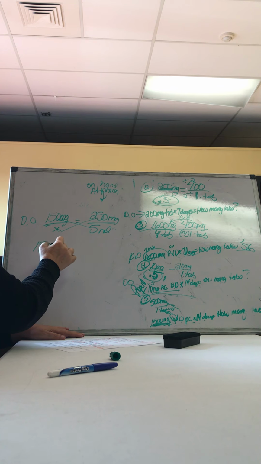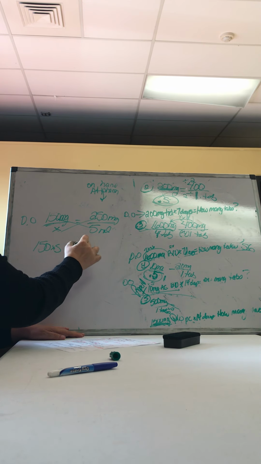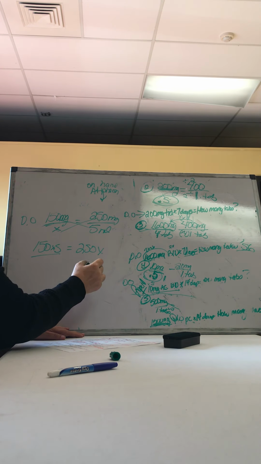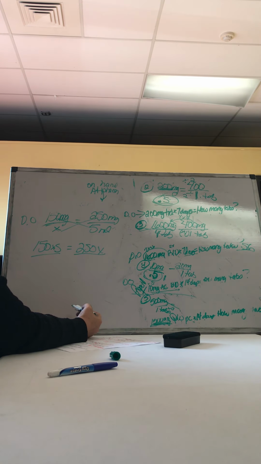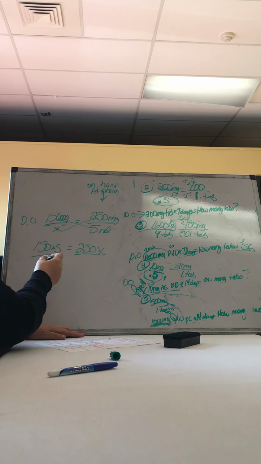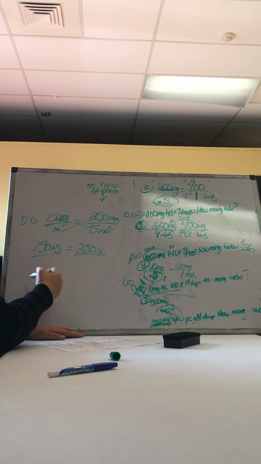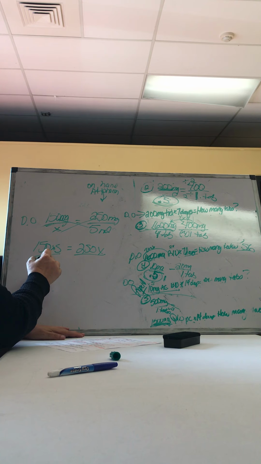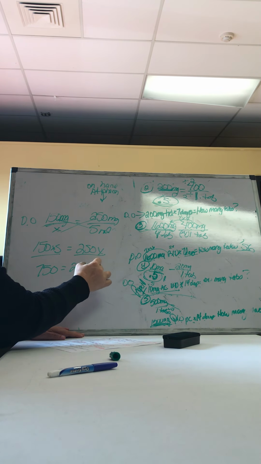So it'd be 150 times 5 equals 250 x. So how do we figure this? 150 times 5 is what? 750. 750 equals 250 x.